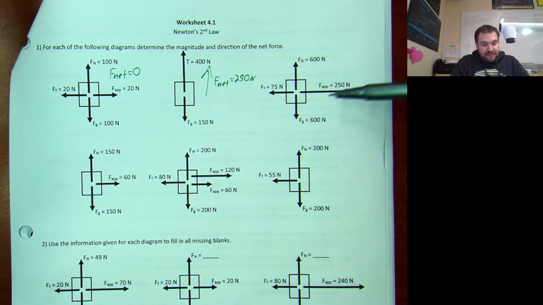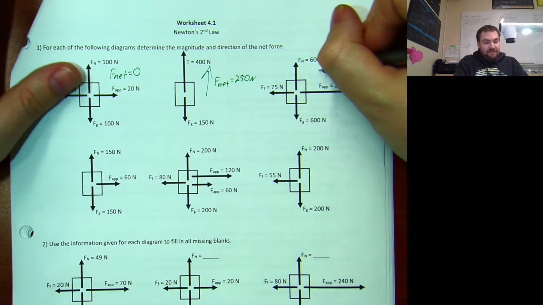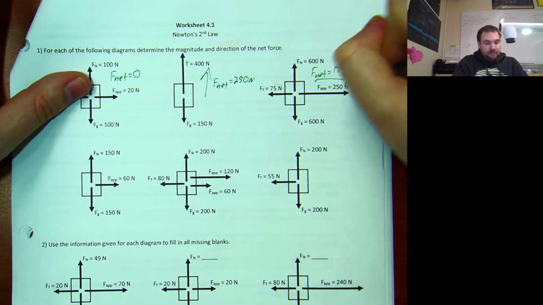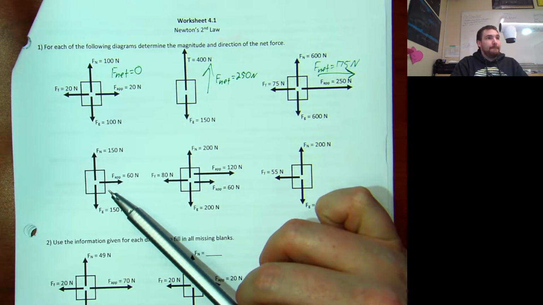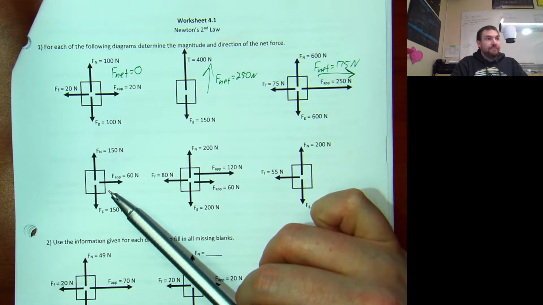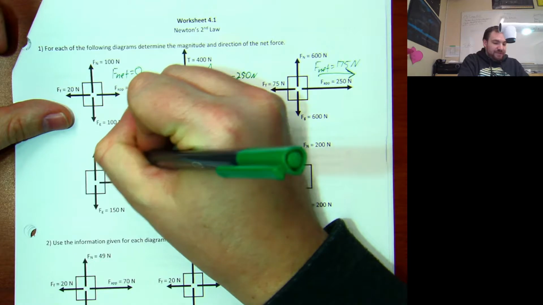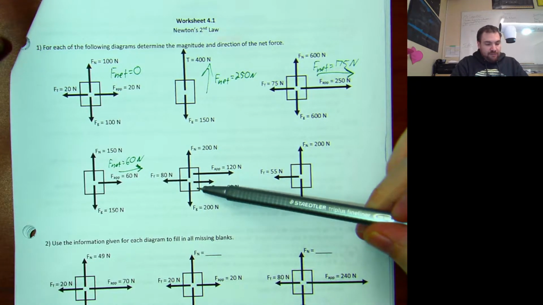What's my net force here? What is it and which direction? 175 to the right. F net equals 175 newtons that way. Cool. How about this one? F net equals 60 newtons going that way. Cool. How about this one here?